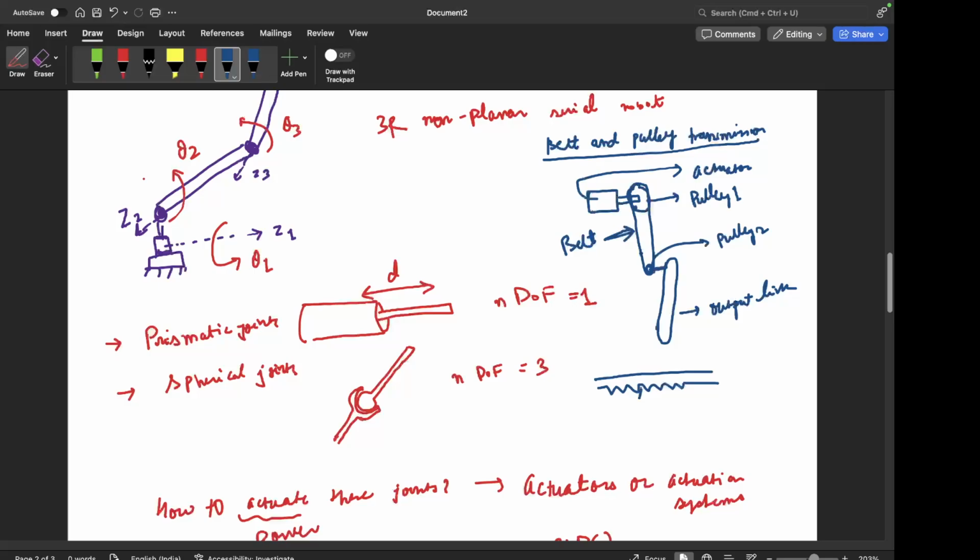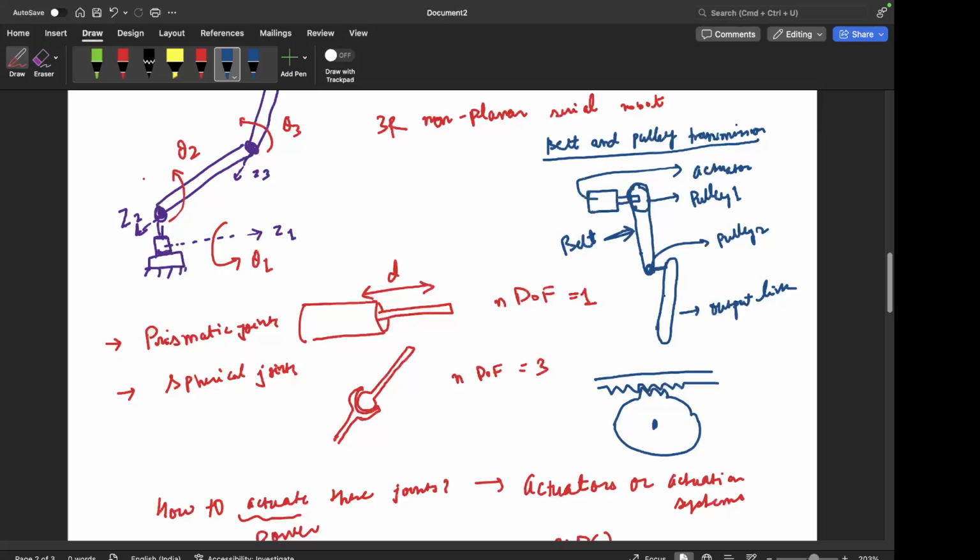And the pulley has teeth like this, so the friction is maintained properly. These teeth engage with each other, and once the pulley starts rotating, the belt also starts rotating, and that in turn transfers the power from pulley 1 to pulley 2.